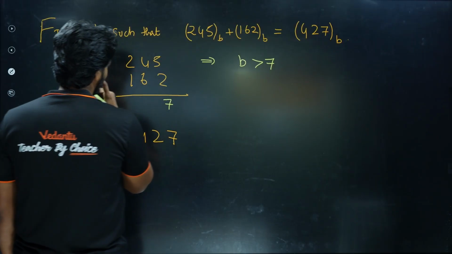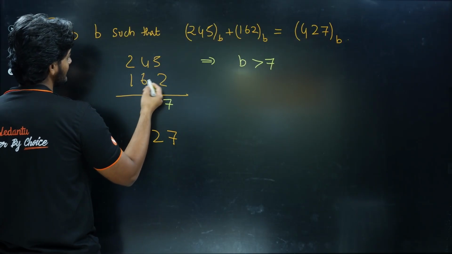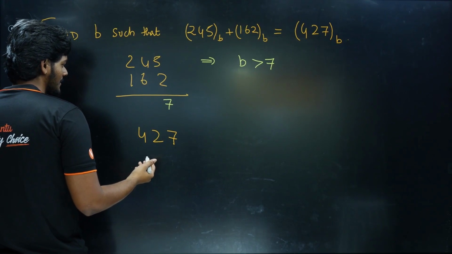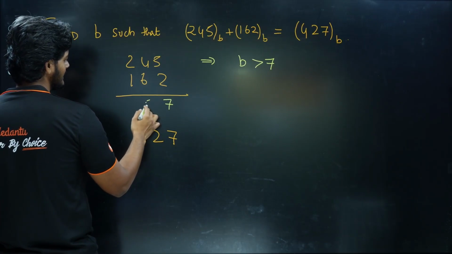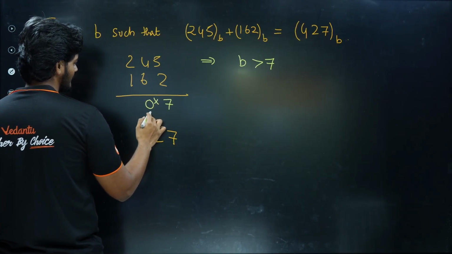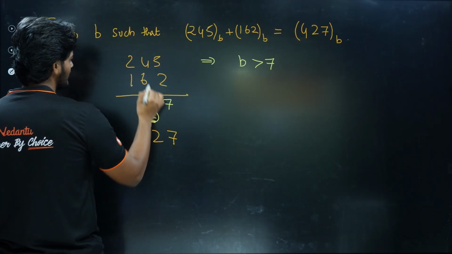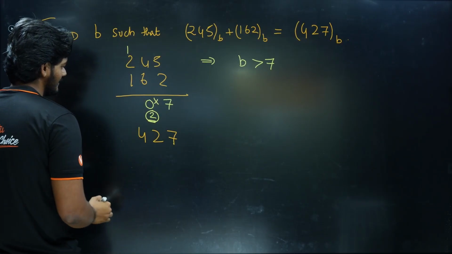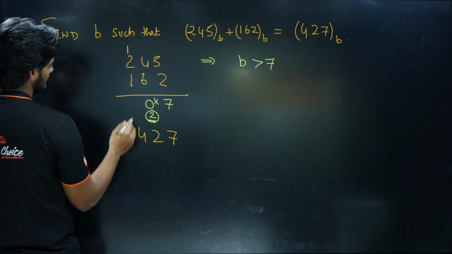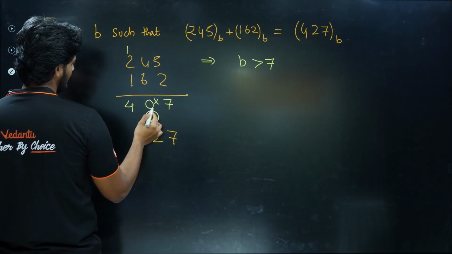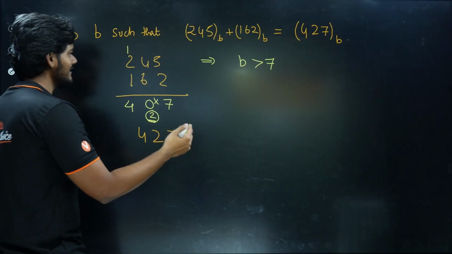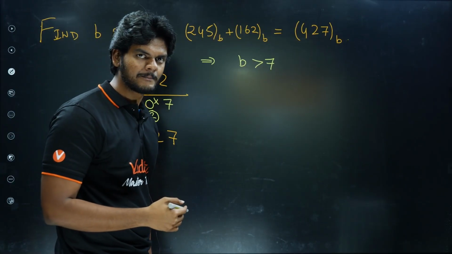And 6 plus 4 is 10. But we don't have 0, we have 2. So 2 implies there was a carryover, and the carryover works fine: 2 plus 1 plus 1, 4 works fine. So it is 2 more than what it should have been.